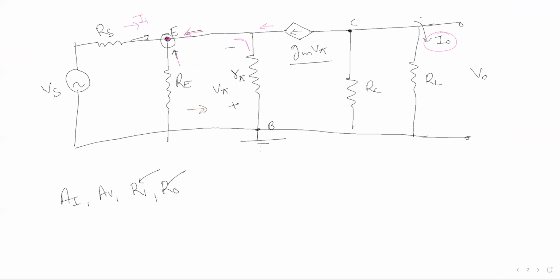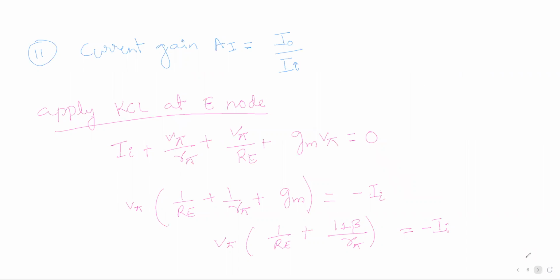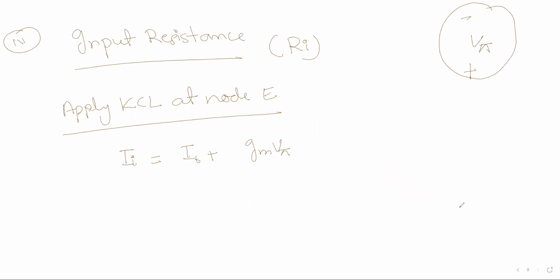You're taking Ri at this point. This is your input resistance, whereas overall input resistance we will calculate from here only. We will call it Ri dash. Now, what is Ib?